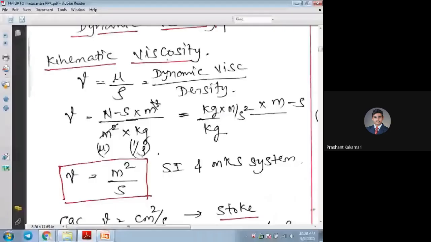In this case, we can cancel the kg on the top side. So we are left with meter square second per second square. Second can cancel and meter square will be left as it is. So finally the unit will be meter square per second.